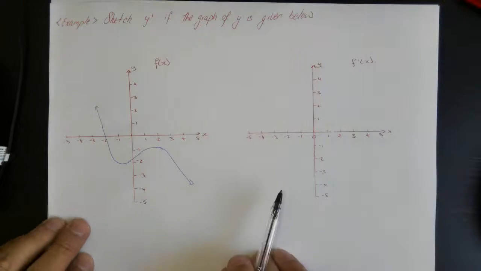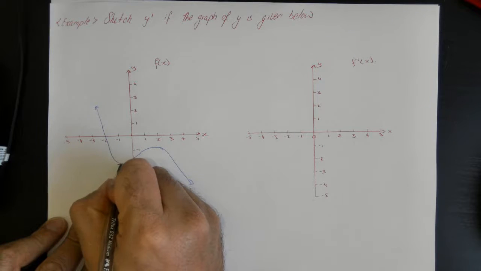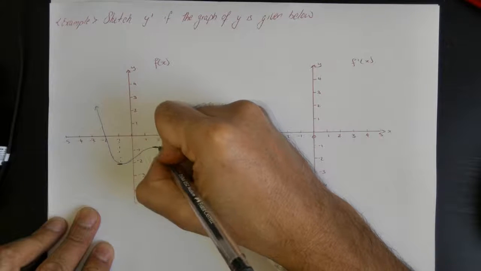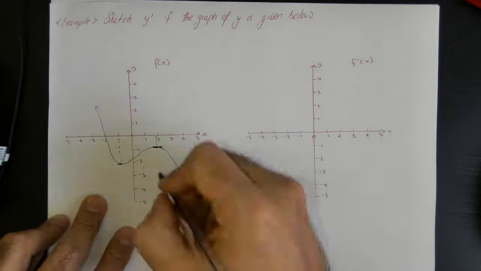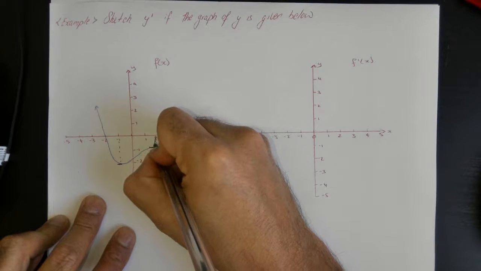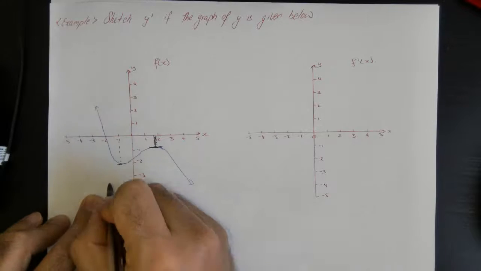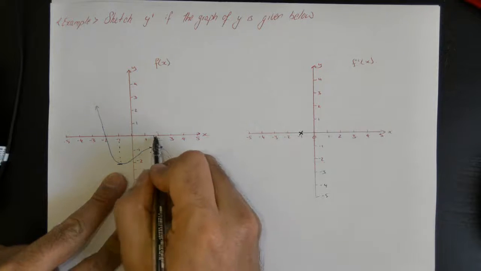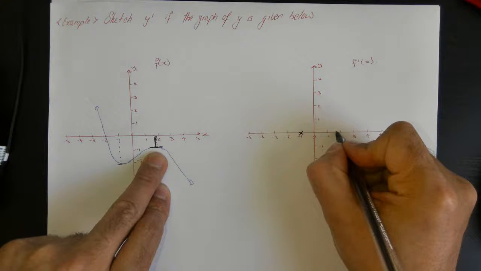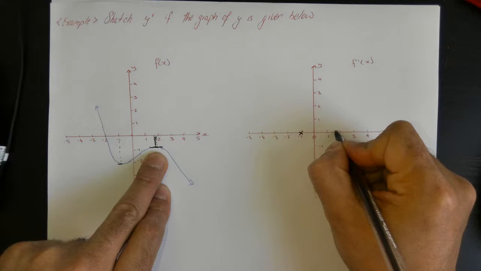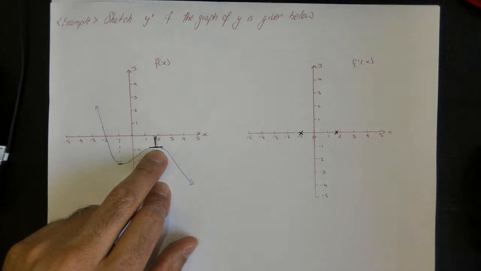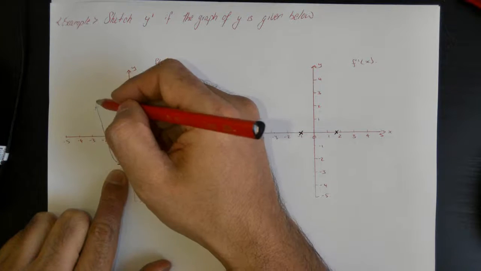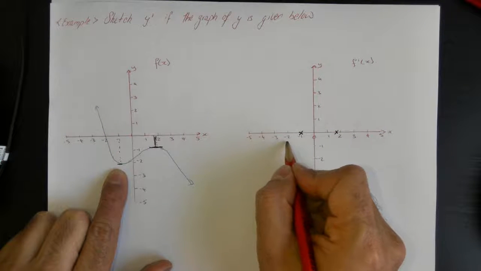So using the first step, I want to mark where stationary points are. It's probably more. Okay, so I've got a stationary point at -1, and then I've got a stationary point at about 1.7, I would say. From -infinity to -1, the function is decreasing, so I'm going to draw it under here.